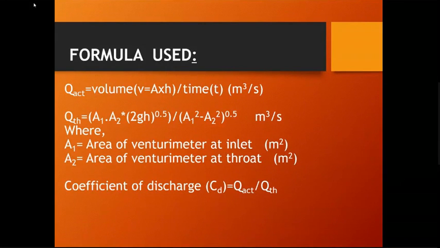So here we calculate our Q actual by using the formula V over T, where V is our volume, which we can calculate by multiplying area with the height. The theoretical discharge we can calculate using the formula Q theoretical equals A1 A2 into under root 2gh divided by under root A1 squared minus A2 squared, where A1 and A2 are the areas of the inlet and throat of the Venturimeter.